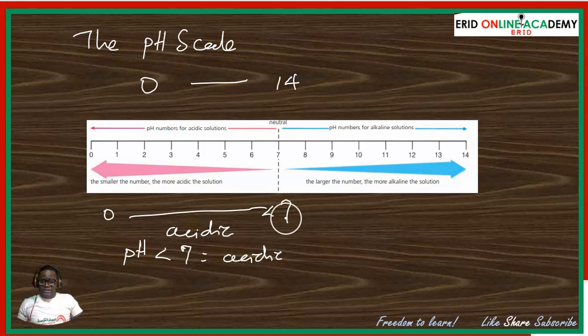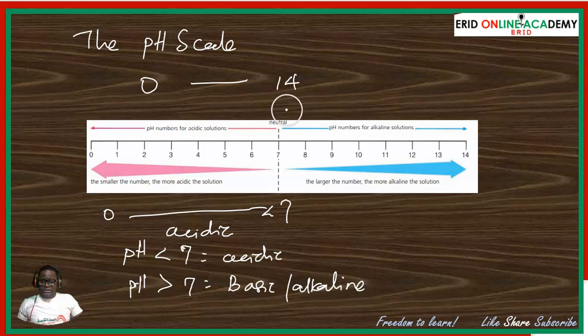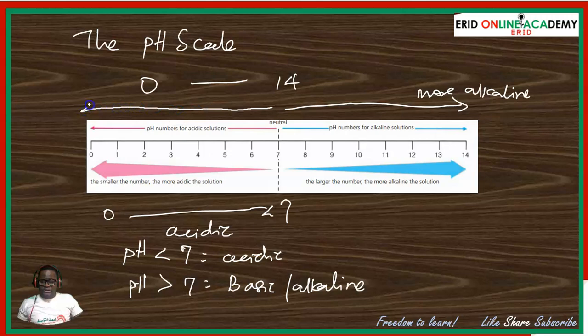If the pH ranges from greater than 7 to 14, then the substance is said to be basic or alkaline. We can see that on this scale. The higher the number this way, the more alkaline the substance is. But the lower the pH, the more acidic the substance is.